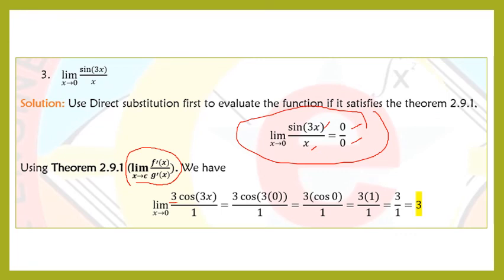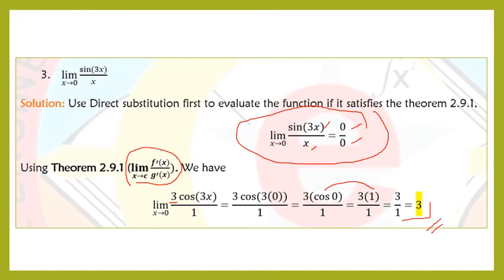Okay, so we evaluate: 3 times the cosine of 3 times 0, replacing x by 0, and the denominator is still 1. Cosine of 3 times 0 is cosine of 0, and the cosine of 0 is equal to 1, right? So 3 times 1 is 3 over 1, and 3 divided by 1 is equal to 3. Okay, so we applied L'Hopital's rule only once.